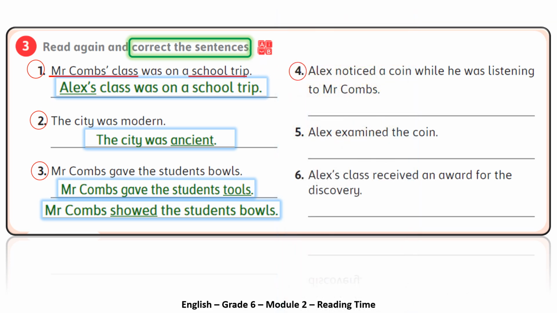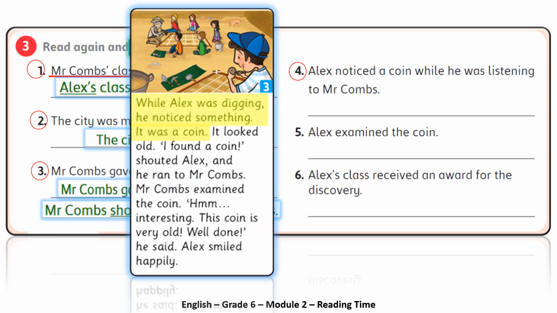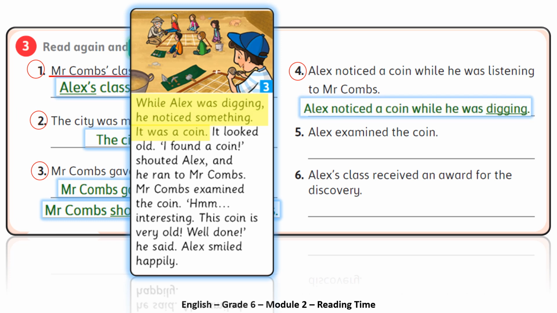Number 4, Alex noticed a coin while he was listening to Mr. Combs. In the text, in paragraph 3, while Alex was digging, he noticed something. It was a coin. So the answer is Alex noticed a coin while he was digging.